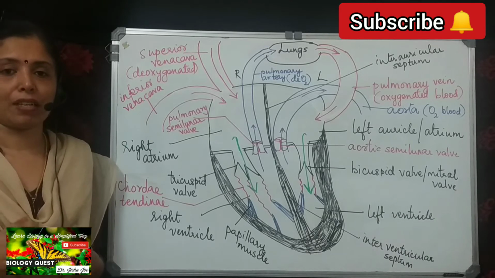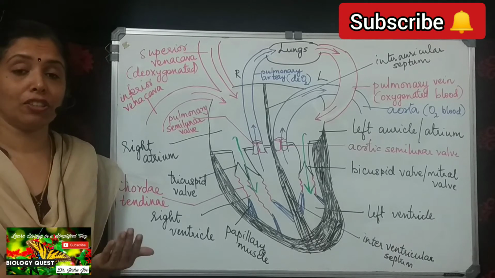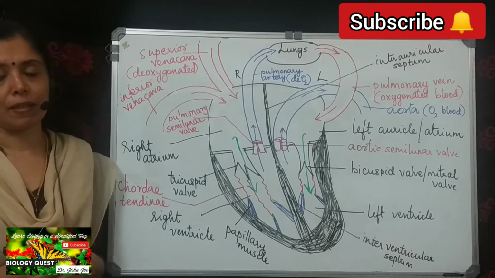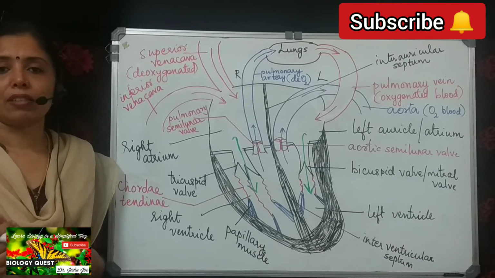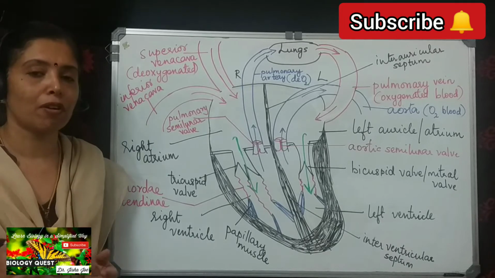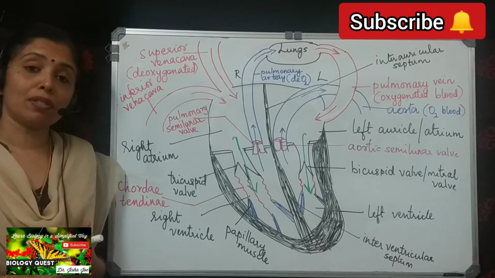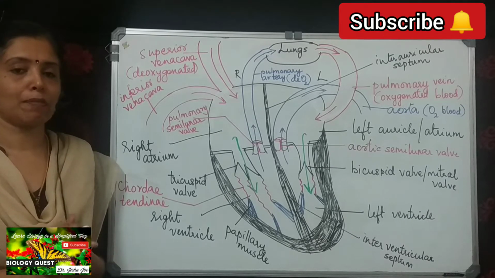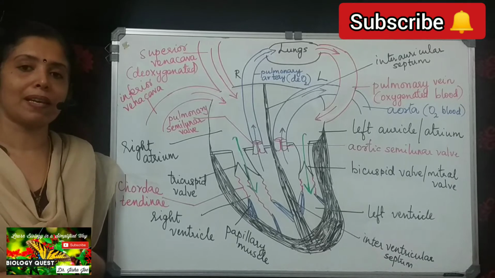We know the cells undergo respiration, releasing energy, and this energy is needed for the working of heart muscles. As a result of this process, the muscle cells, like any other cells of our body, also produce the waste product carbon dioxide.